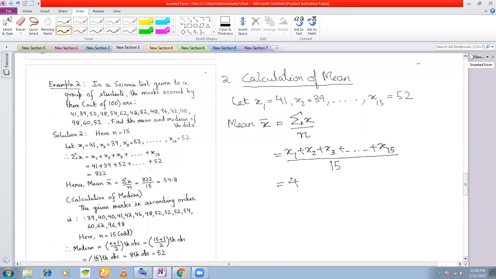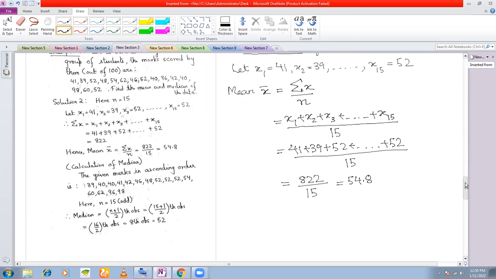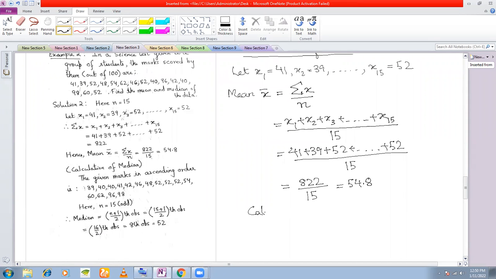Now you're going to add up everything: 41 plus 39 plus 52 and so on up till 52. You're going to add all this divided by 15. The addition will come out to be 822 divided by 15, and 822 divided by 15 calculates to be 54.8, and that is the required mean. Okay, the second part is to calculate the median of the data. The calculation of median.